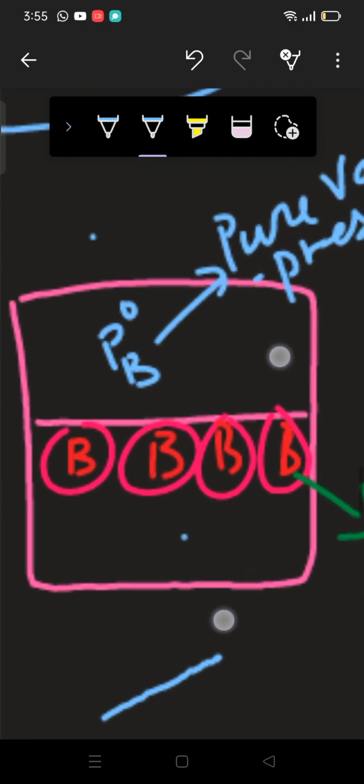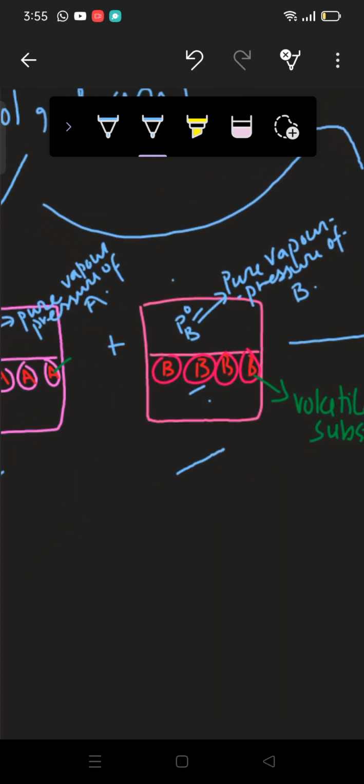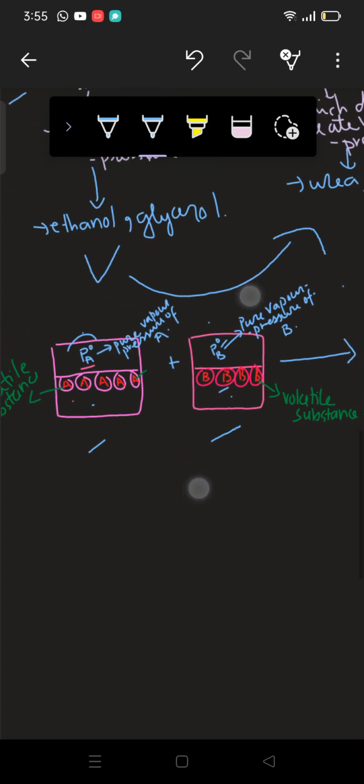So these B molecules have their own vapor pressure, and this is what we have called the pure vapor pressure of B. P naught of B is the pure vapor pressure of B. P naught of A is the pure vapor pressure of A. Here the pure vapor pressure of A and of B would not be considered, right? Since now we are going to mix them.